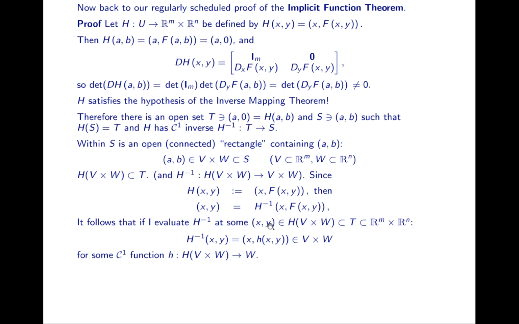But how does H inverse map y? Well, the first component is x, and the second depends on x and y, some function of x and y, little h. What is little h? We don't know. But we know that little h is C1 because H inverse is C1, by the inverse mapping theorem.